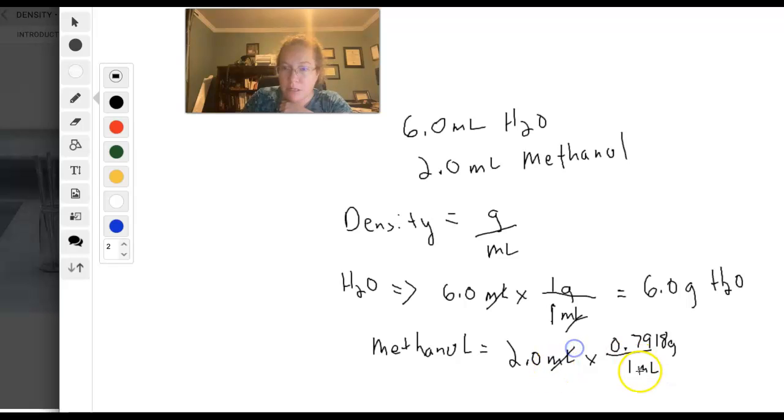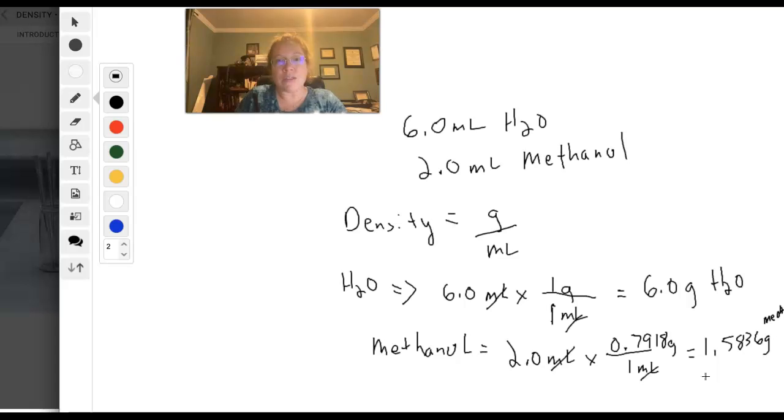Okay, so then our milliliters will cancel, and you are left with 1.5836 grams of methanol.